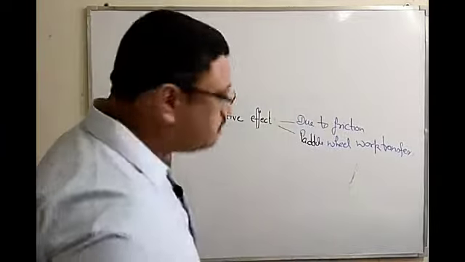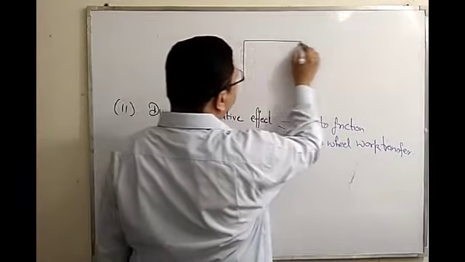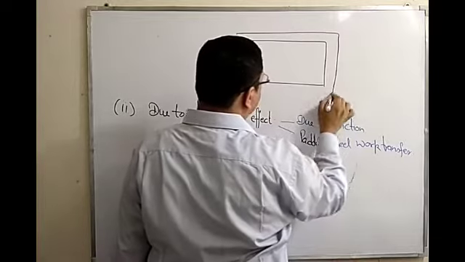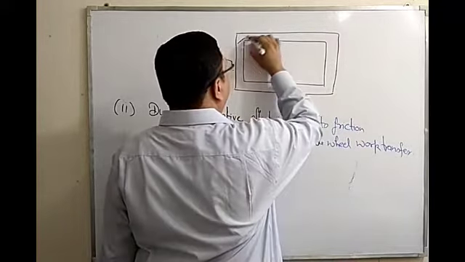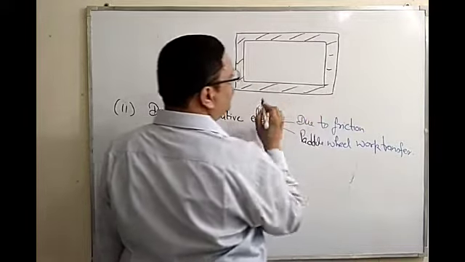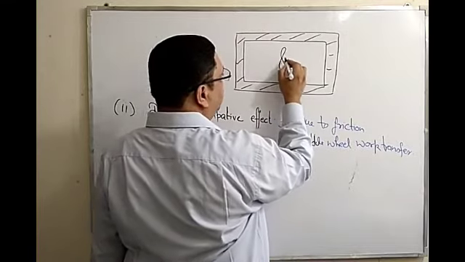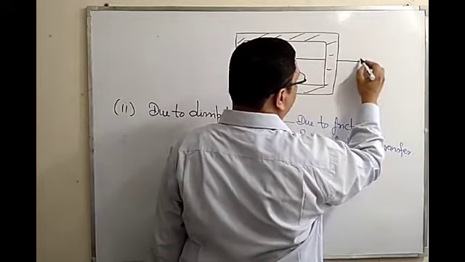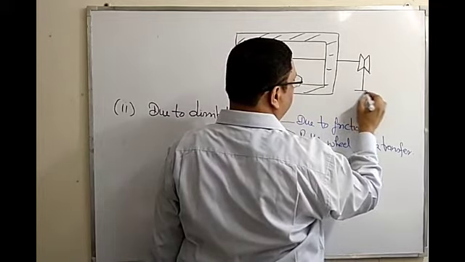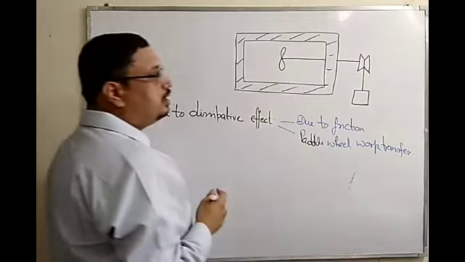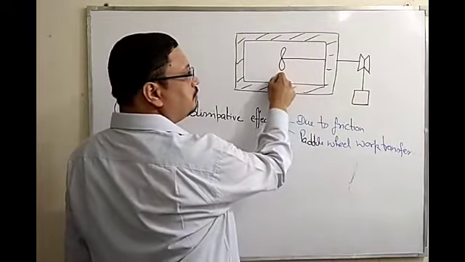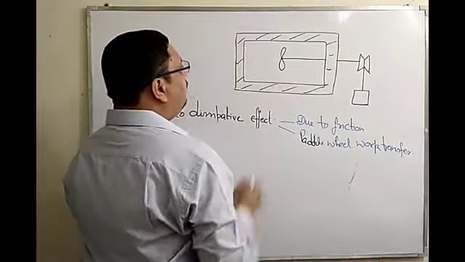Now, if we have a container, and there is an insulation, this body is insulated, and there is a fan over here which is connected with a pulley, and there is a weight over here. Now, if we move this block over here, this block will run this fan.